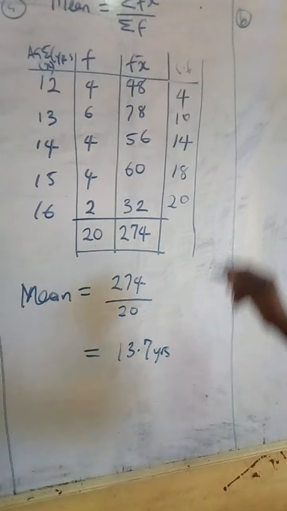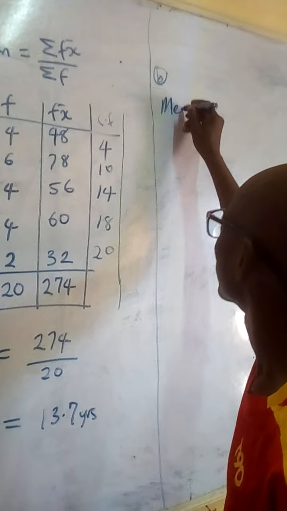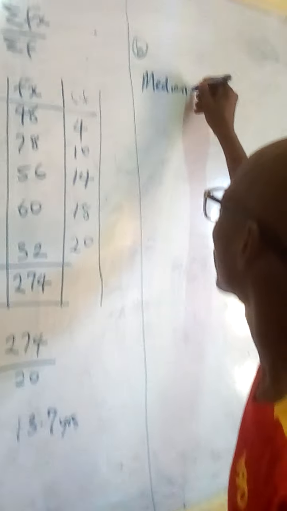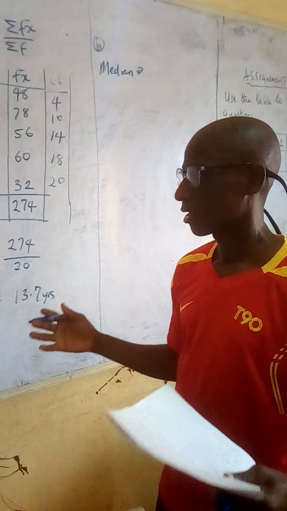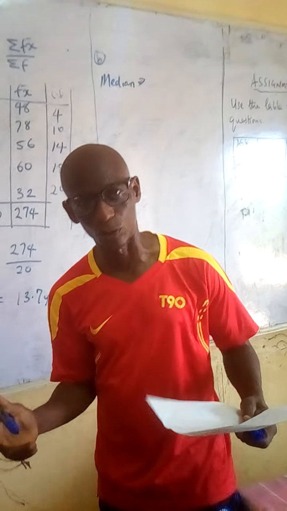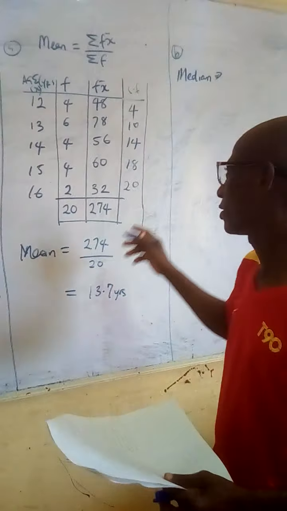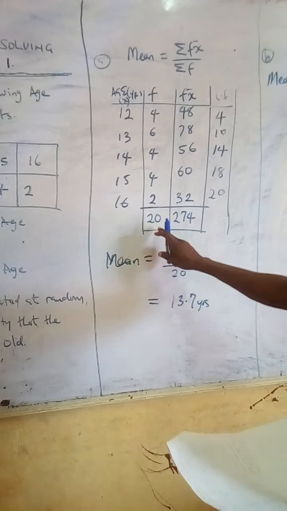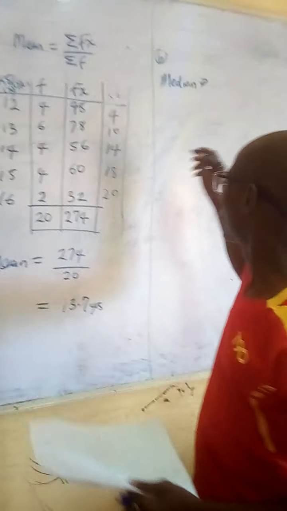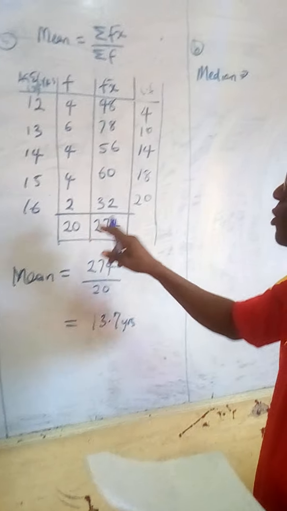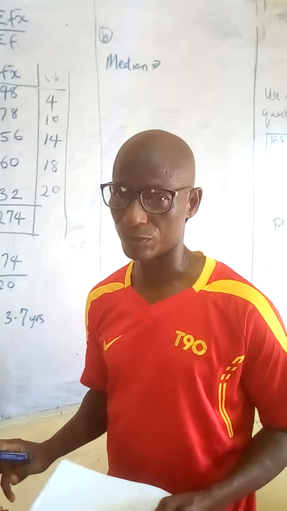Frequency. Now, in getting your median, you were told in class that if the number of data is even, then there will be two data in the middle. In this case, we have a total of 20 data items. So that means we're expecting to have two data in the middle.